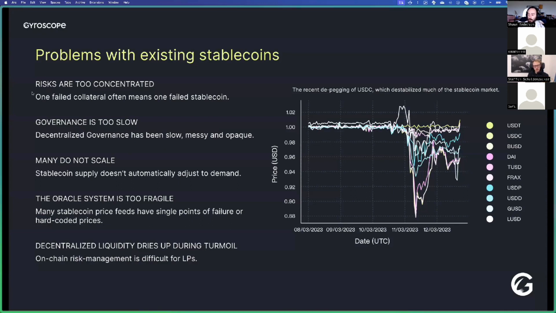The first one is risk tended to be pretty concentrated. Either you might have a stablecoin that only has one collateral, or you have multiple collaterals, but they are not properly isolated from each other, so that one failed collateral still means a failed stablecoin. Governance is too slow.